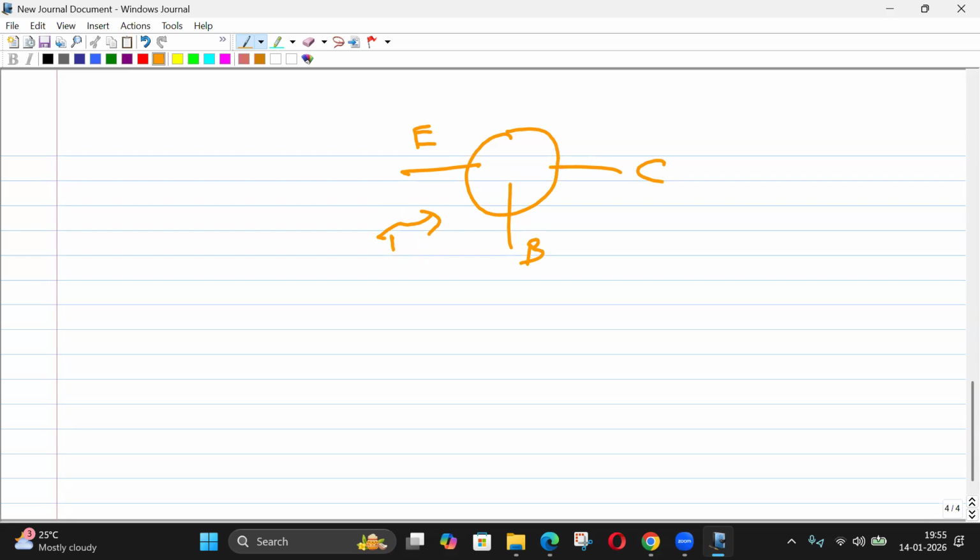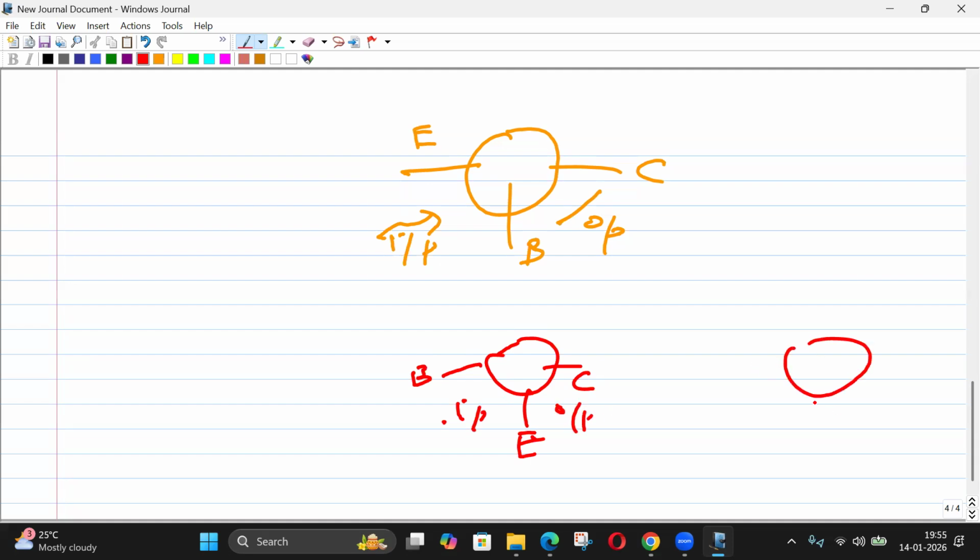So this is input and this is output, between B and C. Another possibility is I can have the emitter here. There are just three wires, so I can do whatever I want. So this is base and this is collector. Input is between these two, and this is output.